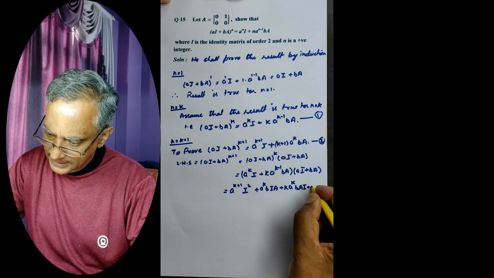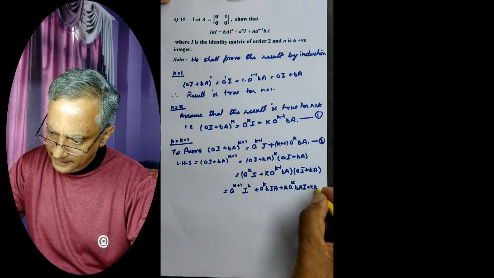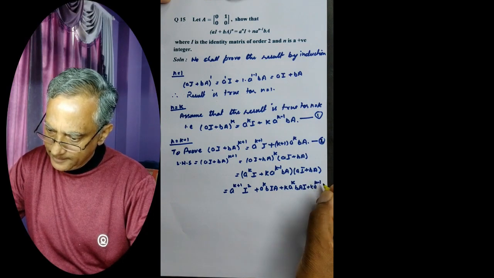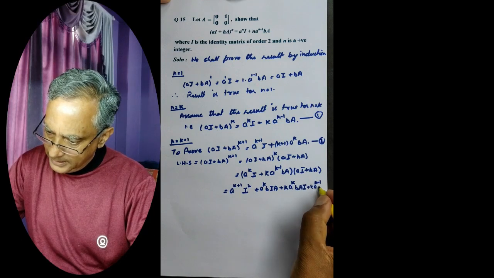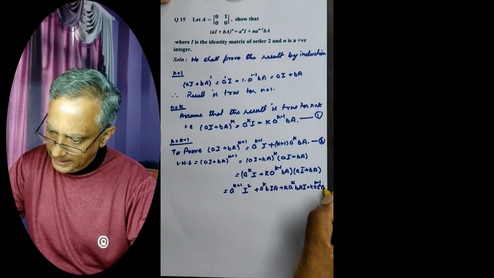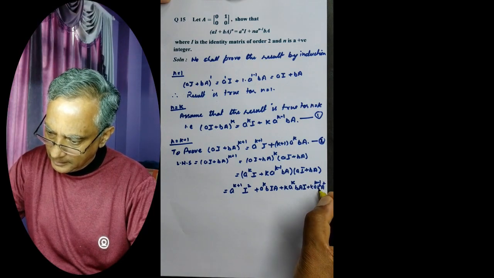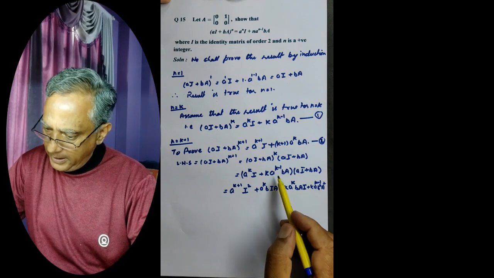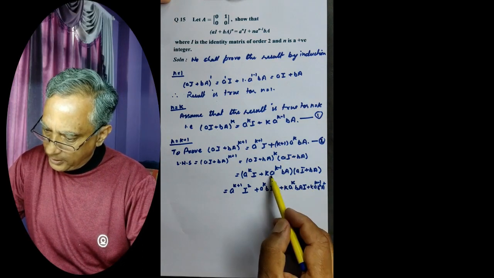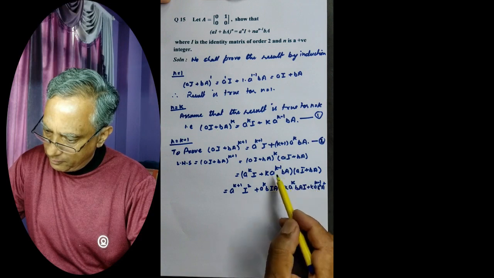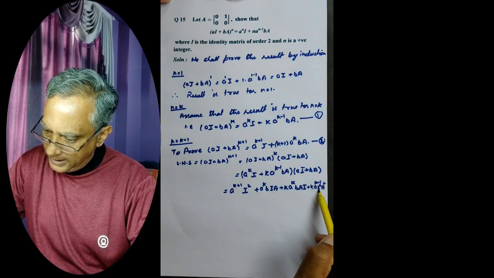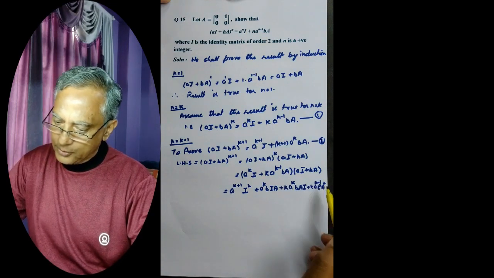What we get is k a^(k-1) into b square A square. This will be k into a^(k-1), b into b will be b square, A into A will be A square.